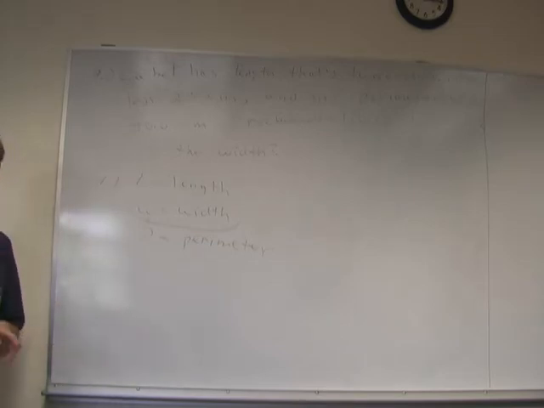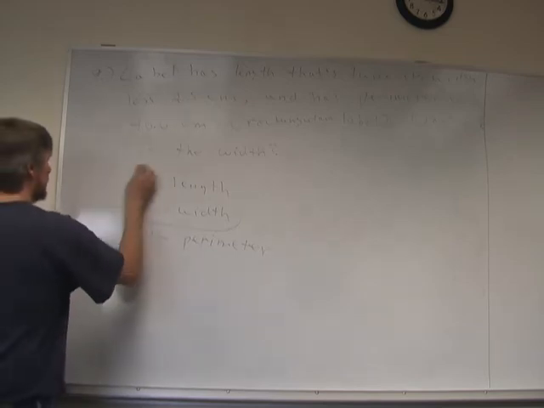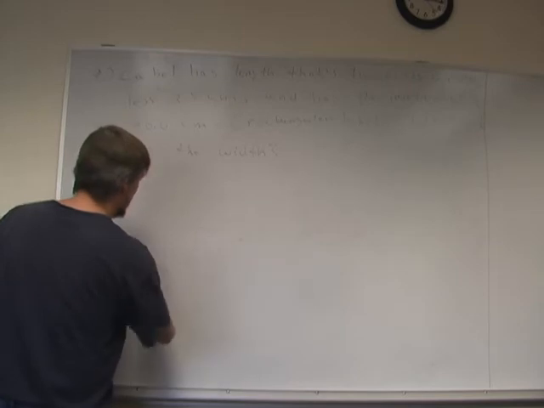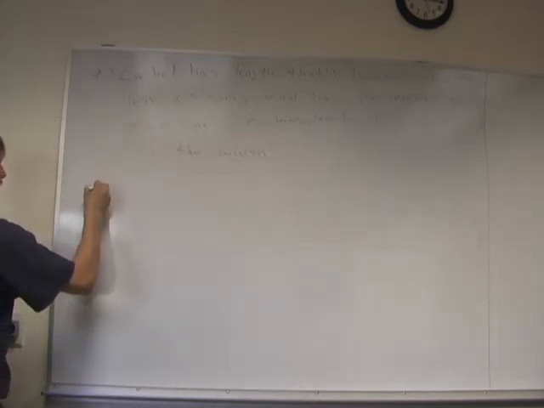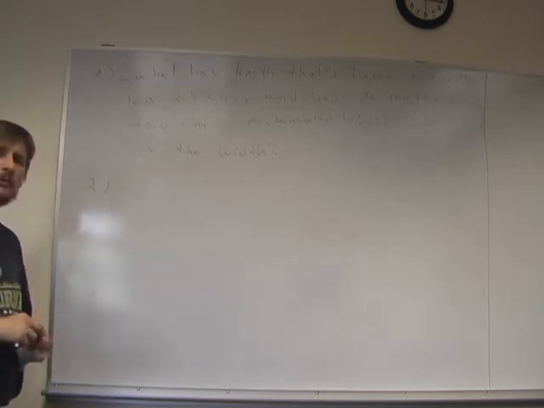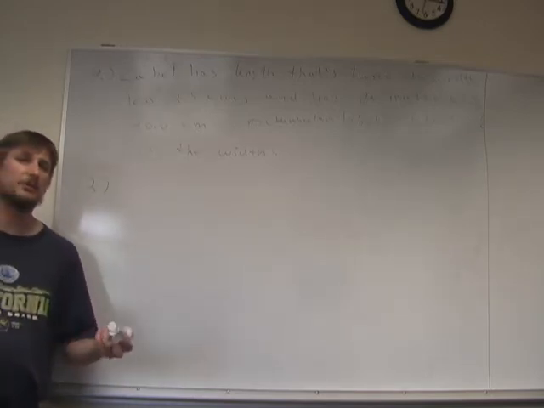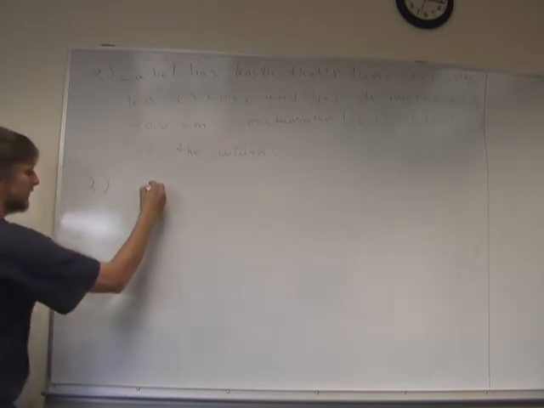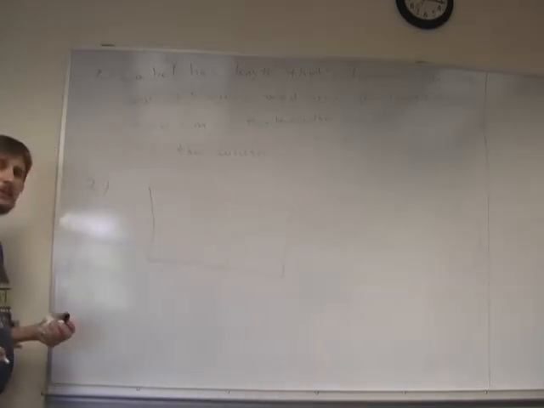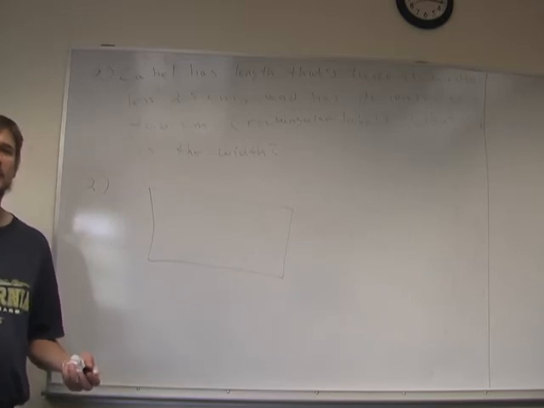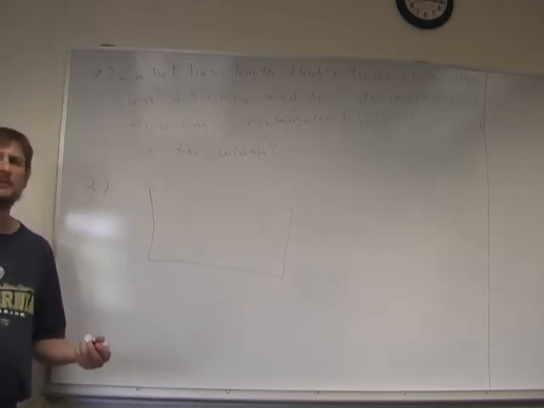So on to step 2. Is there a way of relating these quantities together? One thing that helps with solving story problems is to draw a picture. So let's just draw a picture of a rectangular label. And on this picture, let's place the different quantities with the representative letters.